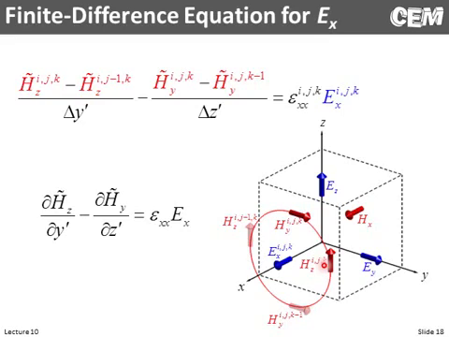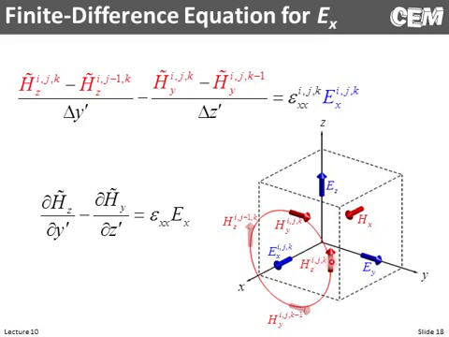But now something a little bit different happens. If we look at the two h sub z's immediately surrounding e sub x, the one that's adjacent to it now is in the previous cell. When we were taking derivatives of the electric fields, we reached to the next cell. Now when we're taking derivatives of the magnetic fields, we're going to reach to the previous cell because that's what will be surrounding our electric fields.